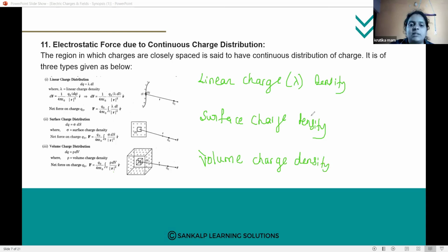If you have any surface, the charges will be distributed over the surface. We divide how they are distributed into 3 types: linear charge density, surface charge density, and volume charge density. Either you can say distribution or we say density. Why we call it density, I will tell you, based on the definition.